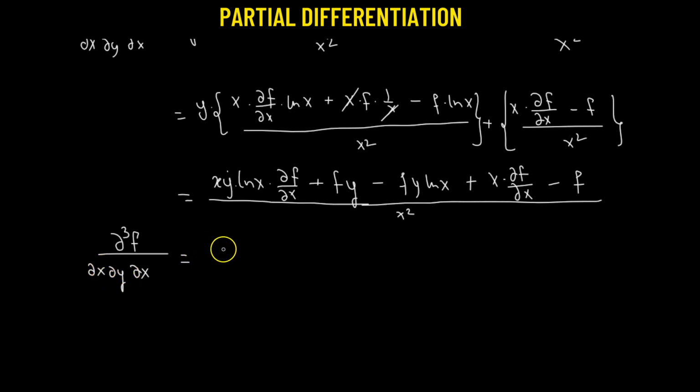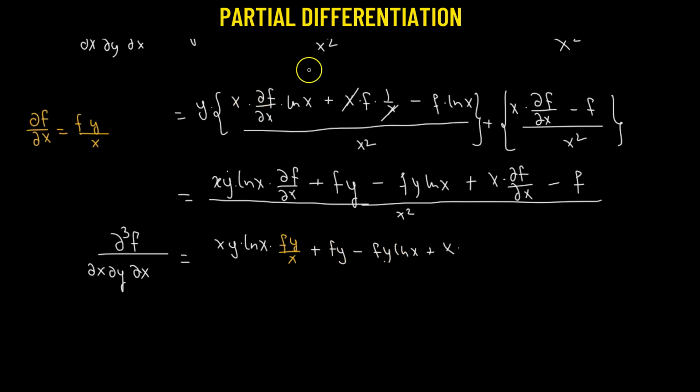So this will be equal to xy times the natural log of x. Now we'll substitute the partial derivative of f with respect to x with fy divided by x. Now let's multiply that with fy divided by x, plus fy minus fy times log x, plus x multiplied by, so we again have the partial of f with respect to x, which is fy divided by x, minus f, whole divided by x squared.